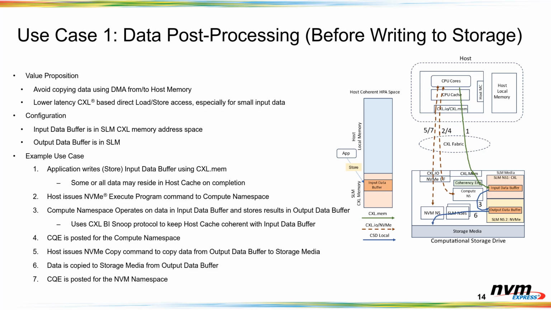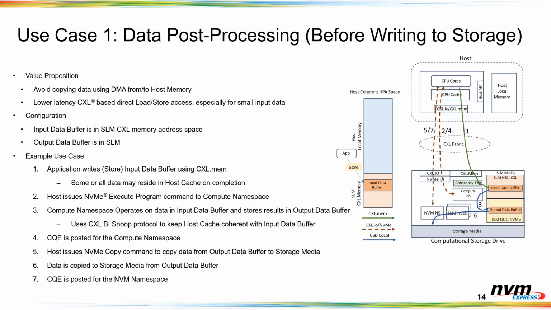So the intent is that the compute namespace is going to read the data in the input data buffer, perform an operation or a manipulation on it, and then write it to the output data buffer, which is over in namespace 2. So in order for it to actually do that, of course, it needs to get all of the data into the input data buffer.